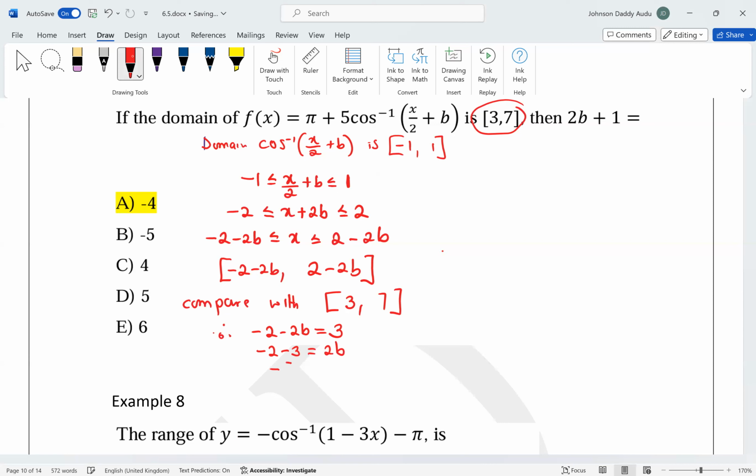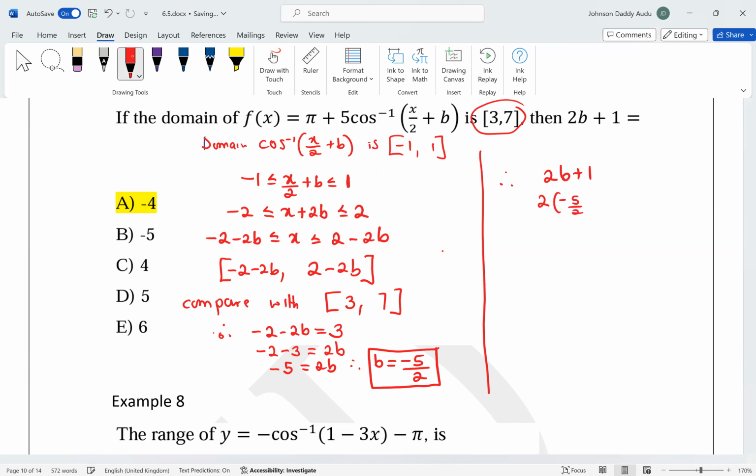So here we have minus 5 is equal to 2b, and therefore b is equal to minus 5 over 2. That means if you are looking for 2b plus 1, it is going to be 2 times minus 5 over 2 plus 1, which is minus 5 plus 1, which is minus 4.